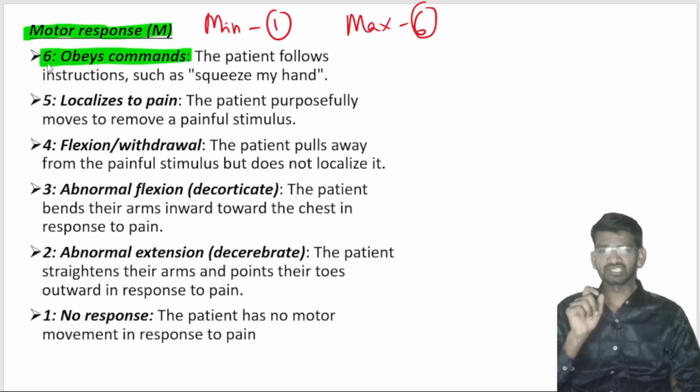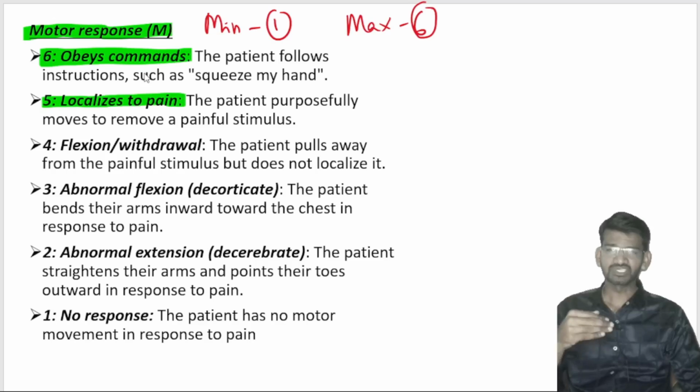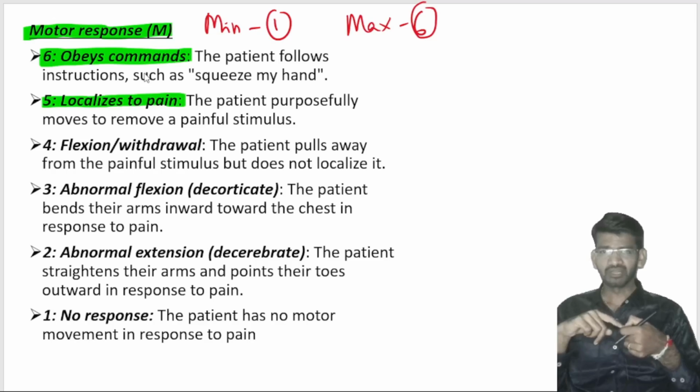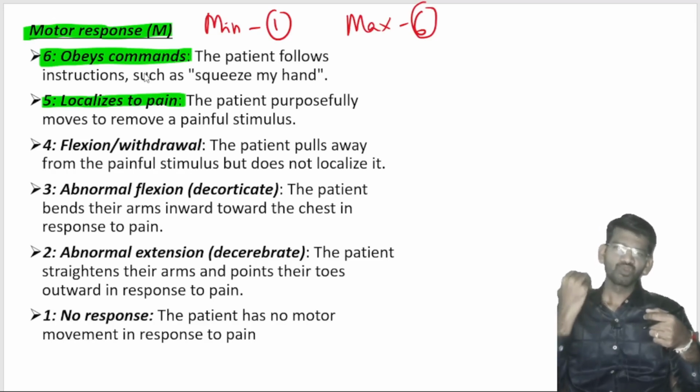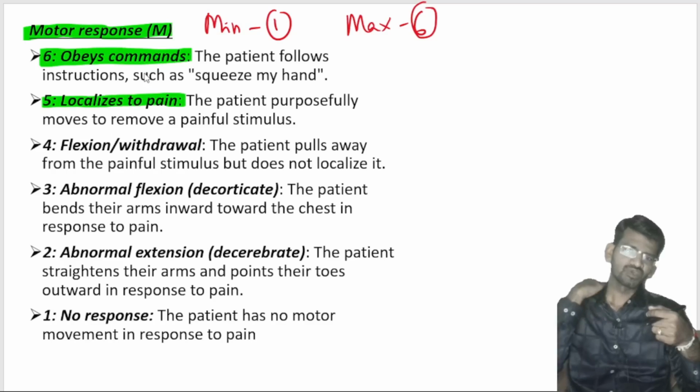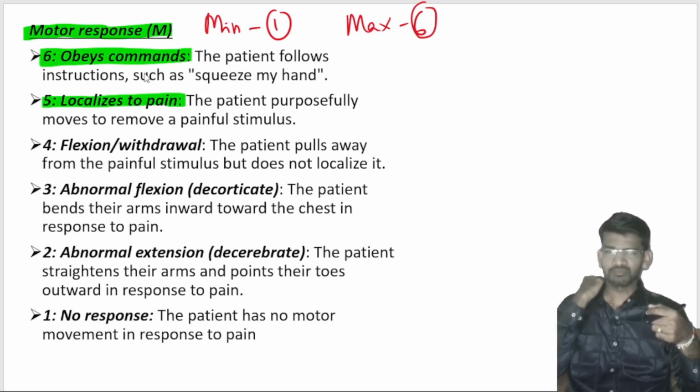If he obeys your commands, if he is capable of doing so, then we give a score of 6. Then a score of 5 will be given to one who localizes the pain. If the patient is not obeying commands, then next you will apply some painful stimuli. As I told, the painful stimuli can be done by nail bed pressure, or by squeezing the trapezius muscle.